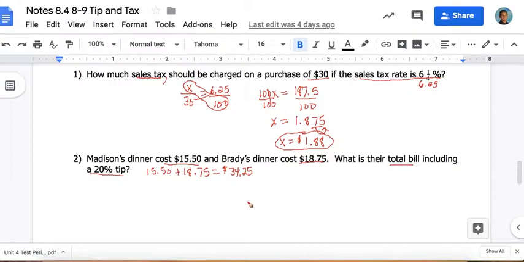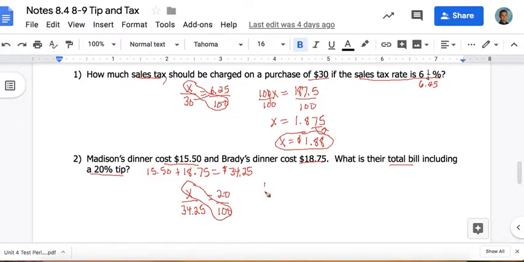Okay, so we got to find the total including a 20% tip. So even though we're finding the total, we still need to find the tip first. So we're going to find the part. So we're going to put that over the cost of the meal, and we're going to put our percent over 100.